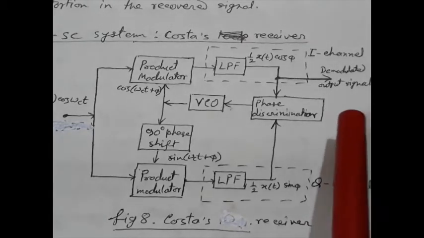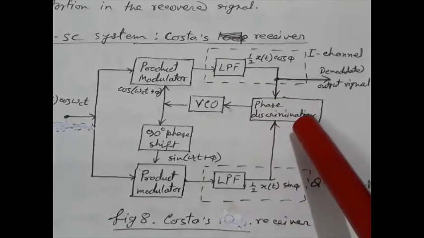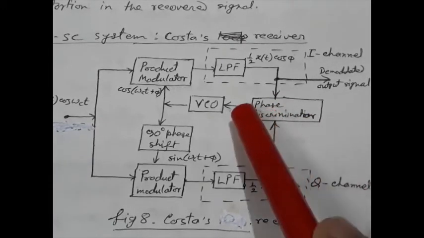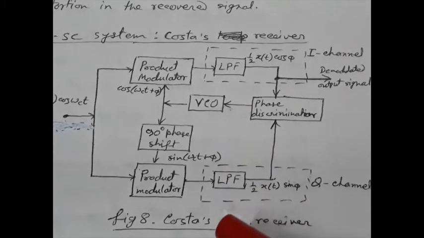Now this phase discriminator provides a DC control signal which may be used to correct the local oscillator phase error. The local oscillator is a voltage controlled oscillator, as I said. Its frequency may be adjusted by an error controlled DC signal.